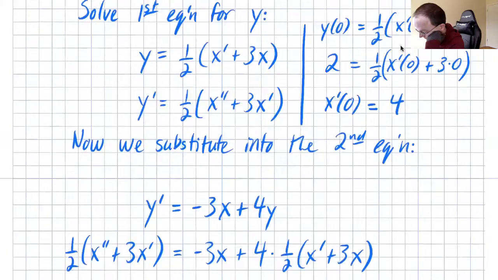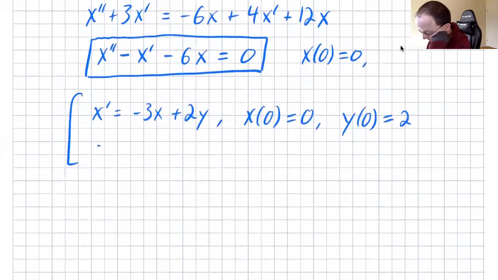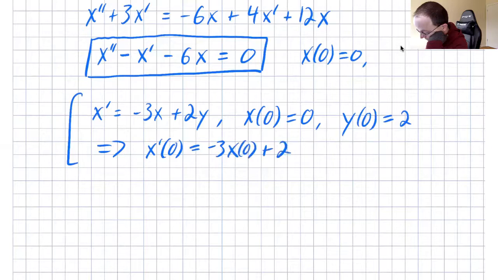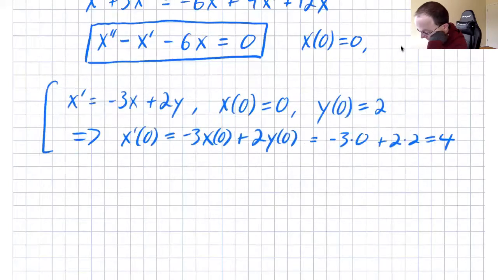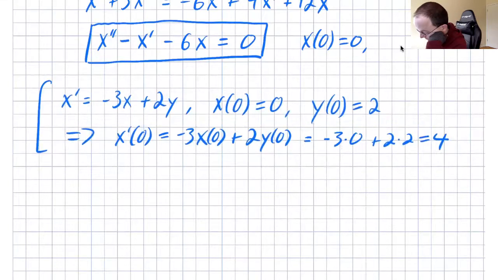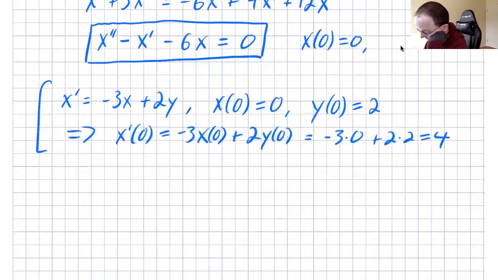Y of 0 is 2. And so therefore, x prime of 0 is equal to negative 3x of 0 plus 2y of 0, which is negative 3 times 0 plus 2 times 2, which is 4. So that actually was a little bit easier to do. So let's use that. So x prime of 0 is equal to 4.